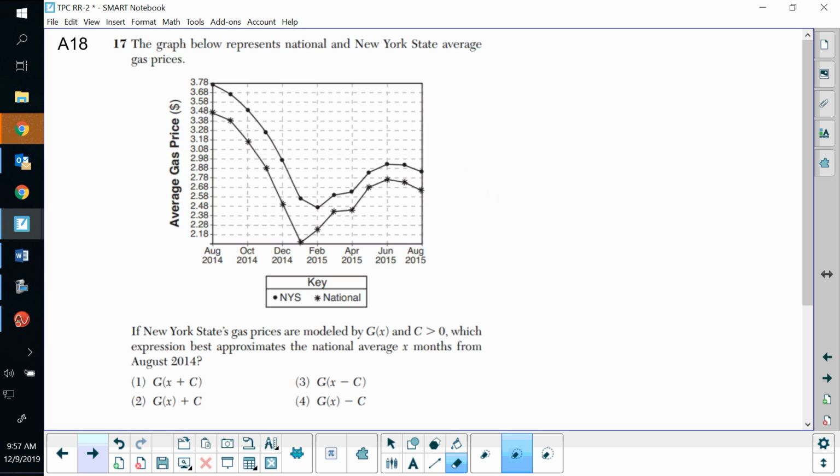All right, we're going to go to August 2018, number 17. We'll give you 30 seconds to flip to that spot. Again, August 2018, number 17.